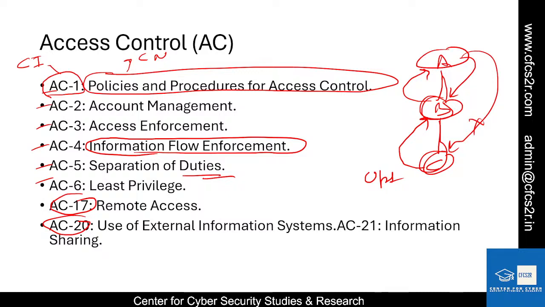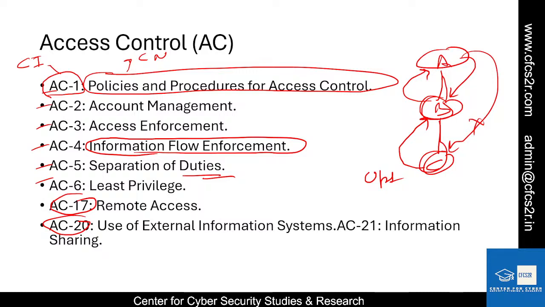The person who is not allowed access should not be able to access it anyhow. So when organization users include independent consultants, suppliers, developers, system integrators, and external system service providers, they should be taken care of while working on the concept of least privilege.